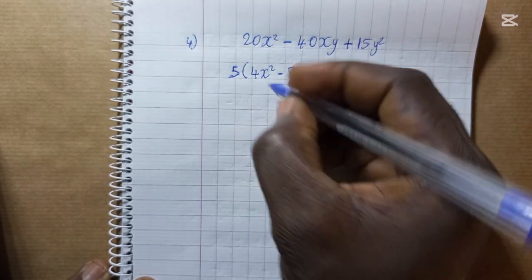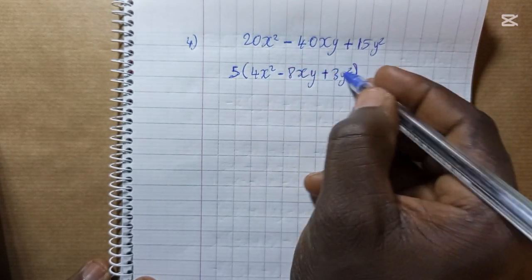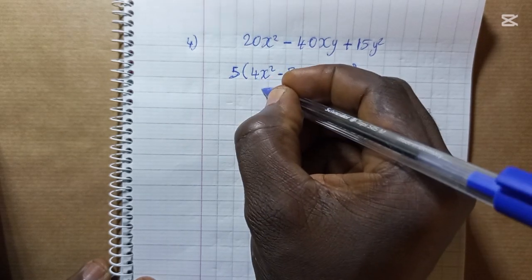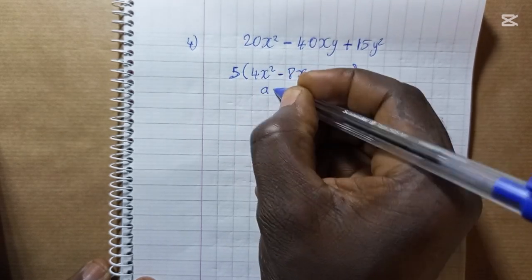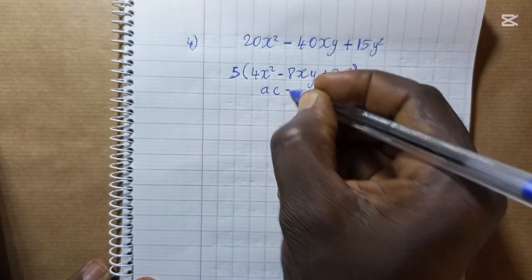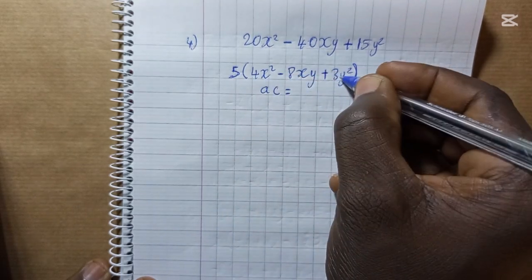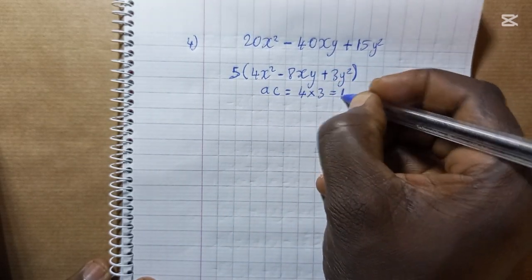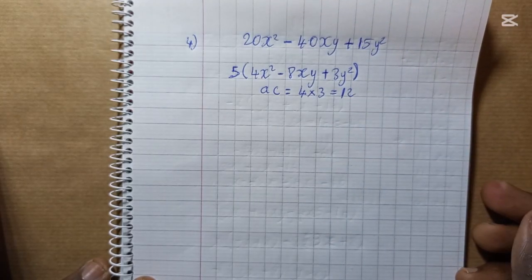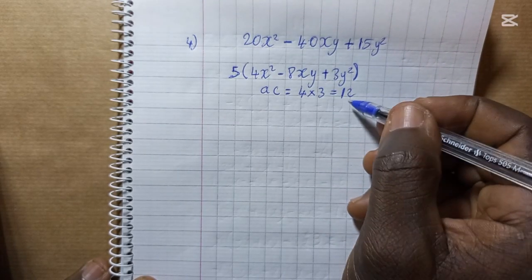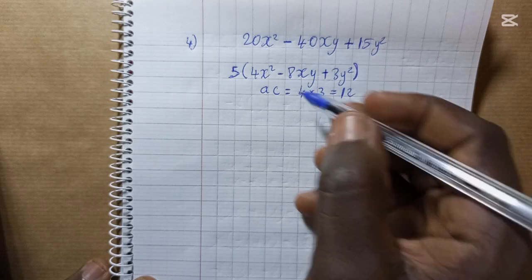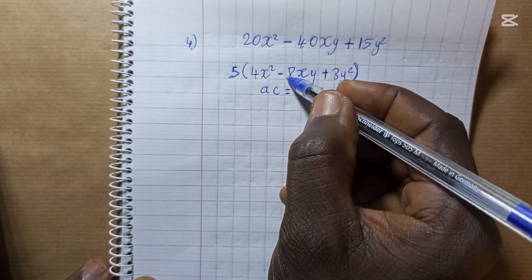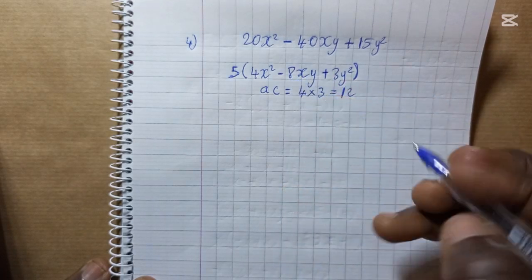The next step from this particular expression is AC, which means the first term times the last term, that is 4 times 3, which will give us 12. Now we're going to look for two numbers such that if we multiply them we'll have 12, and if we add them together we're going to have minus 8.